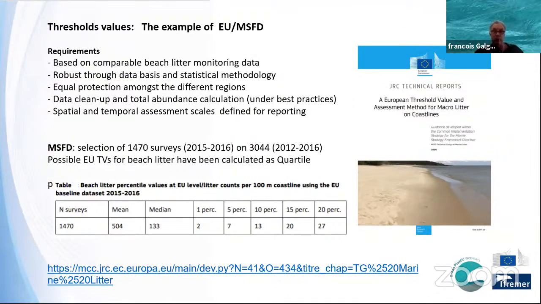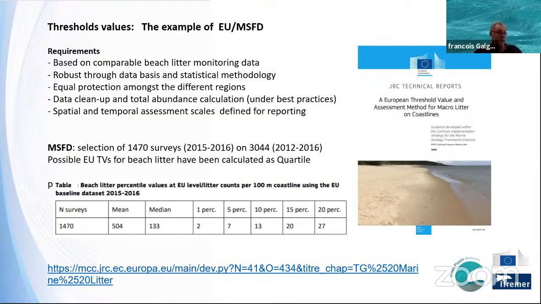One example is on beach litter. A few weeks ago was launched the first European threshold value for beach litter, and marine litter in general. It was based on comparable beach litter monitoring data, and we just selected the most robust data. One of the requirements was to provide equal protection among the different regions in Europe.